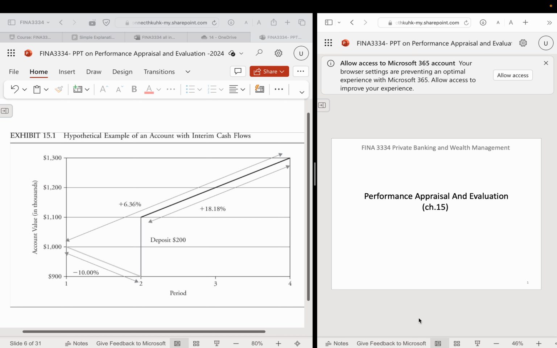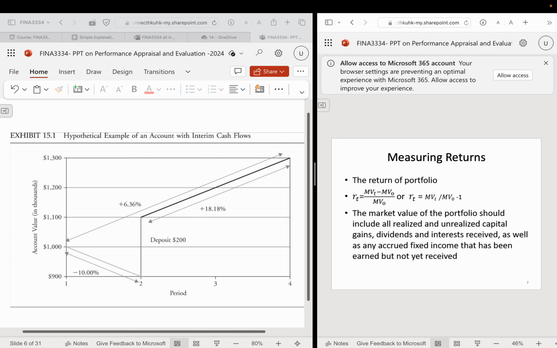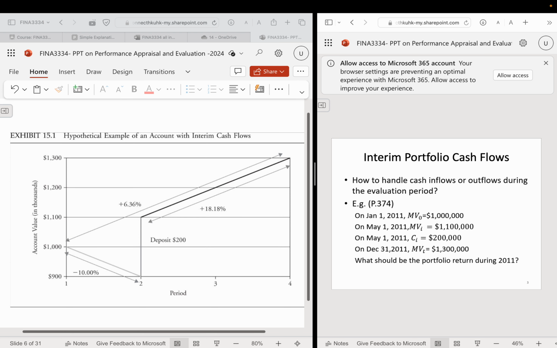Who voted for 8.84? Who voted for 6.36? Everybody has voted at least once. I want to see your concept. 8.84, anybody? I vote for 8.84. 6.36, I vote for 6.36.